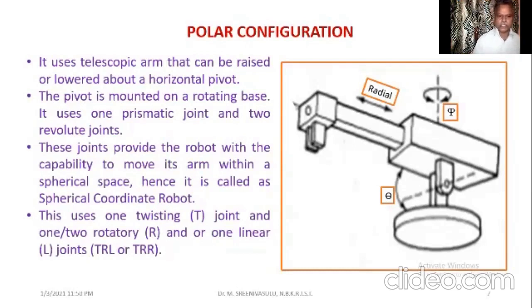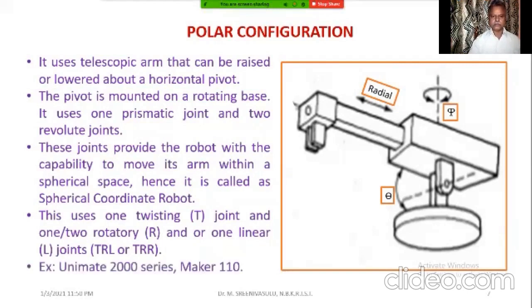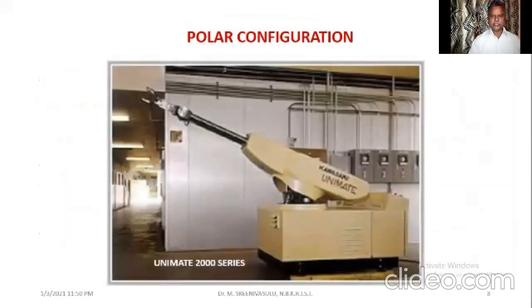In order to achieve this polar configuration, you can go ahead with either TLR, TRL or TRR type. These are the examples, and this is the sketch I tried to use at the time of the history being discussed. It was not bothered about the shape.